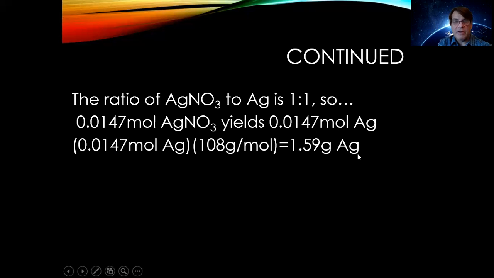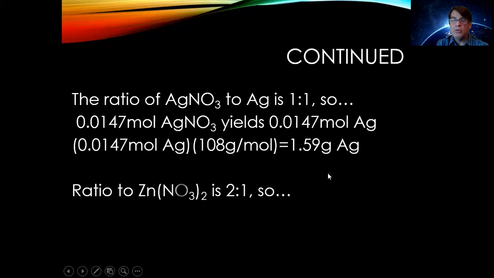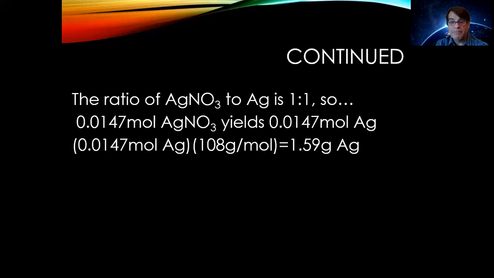So let's now figure out how many grams of silver I'm going to end up with in a perfect world. So 0.0147 moles of silver times 108 grams per mole, that's basically, again, 48 plus 14 plus whatever silver is, 108. And it's going to yield 1.59 grams of silver. Okay, great.